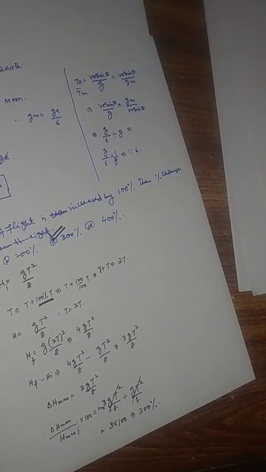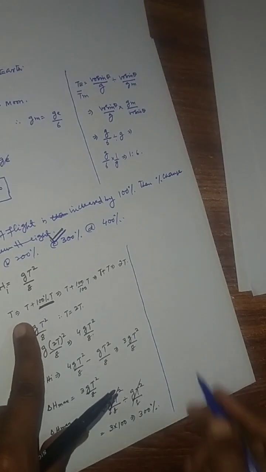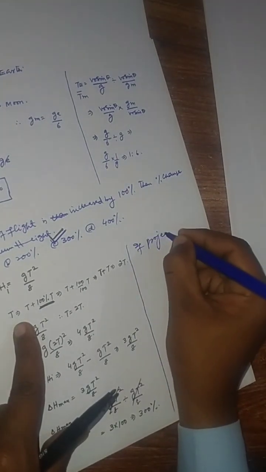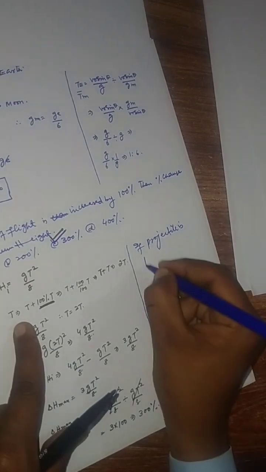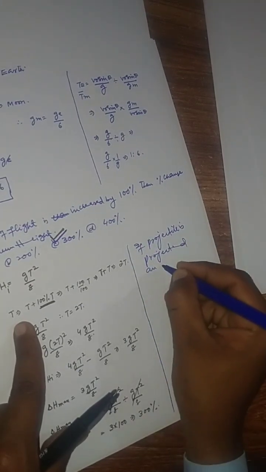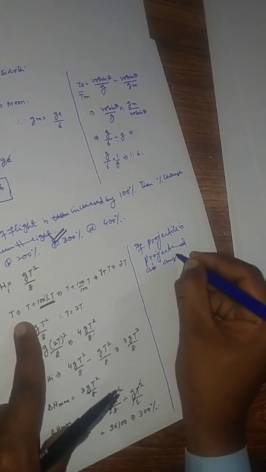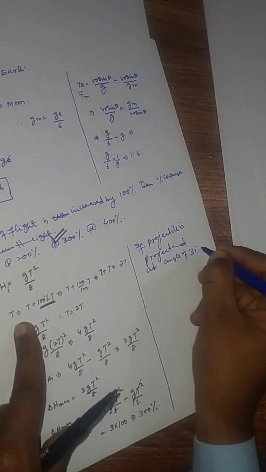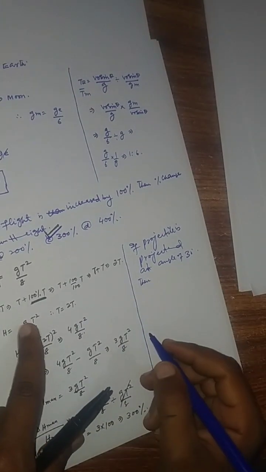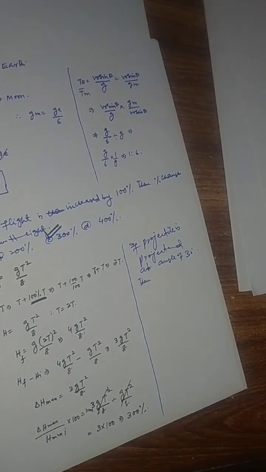Or let's say if we take another one, okay, if a projectile is projected at an angle of 30 degree, then it will hit the target or impact point.